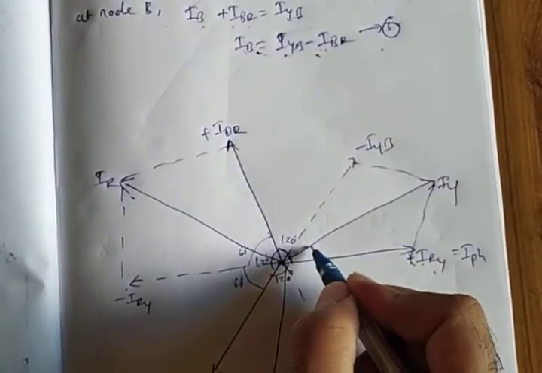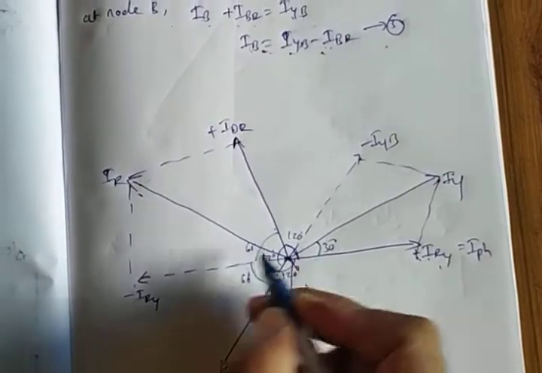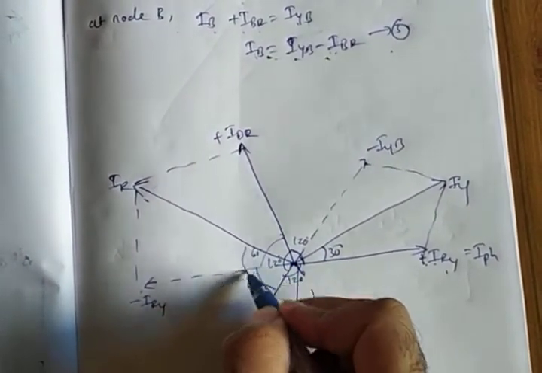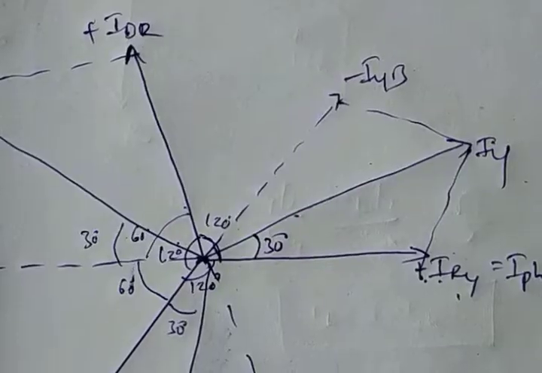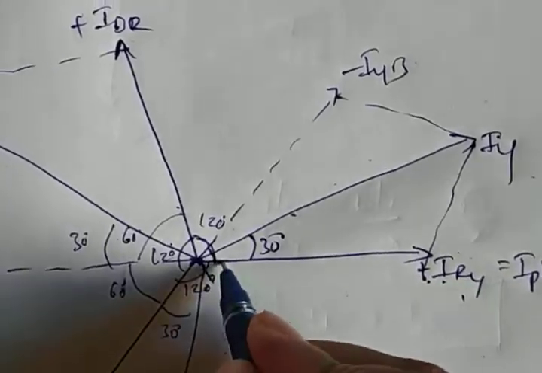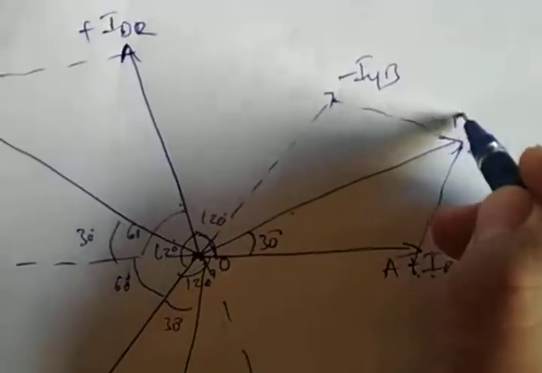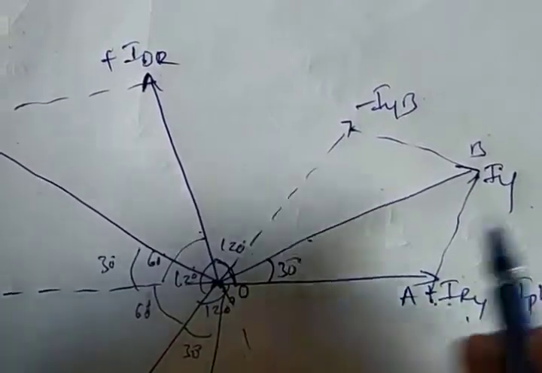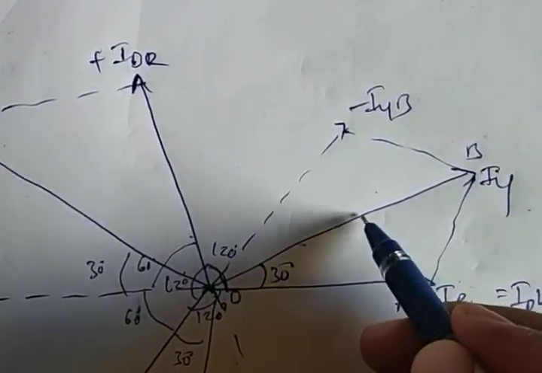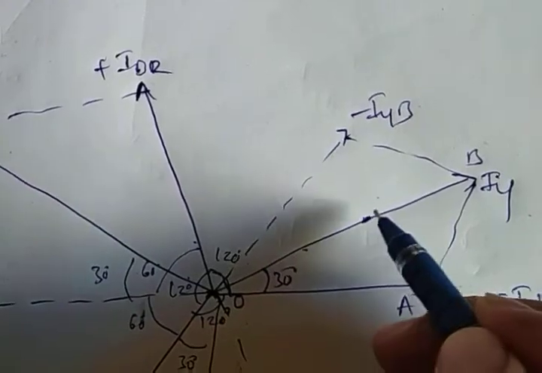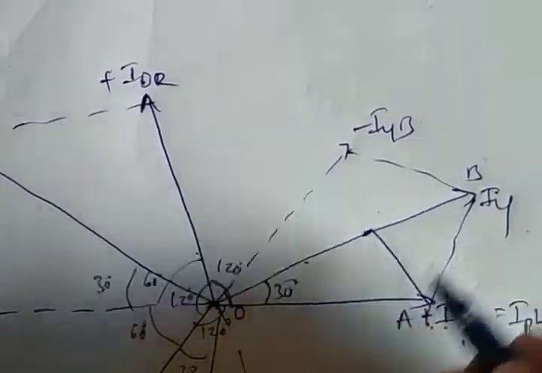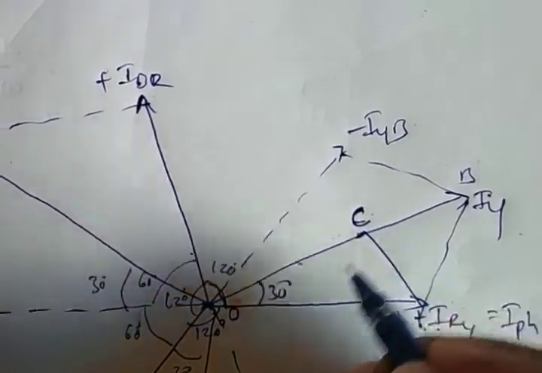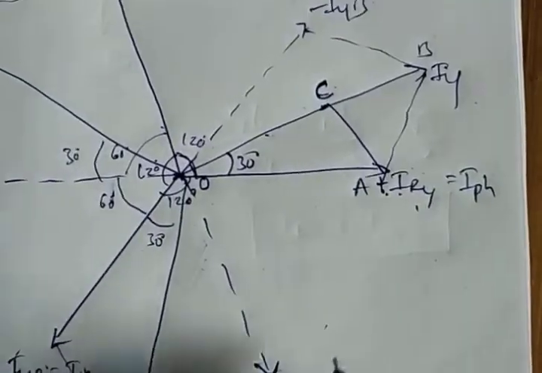And this phase angle will be 30 degrees. This is also 30 and this is also 30. Now take O, A and B, and let us draw the perpendicular to the vector OA, so that C is the center of OA.